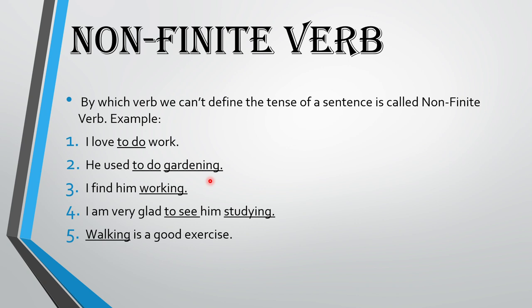By gardening or by to do, we can't define the tense of this sentence. But by seeing used, we can define the tense of the sentence, which is past, or specifically past indefinite or simple past.